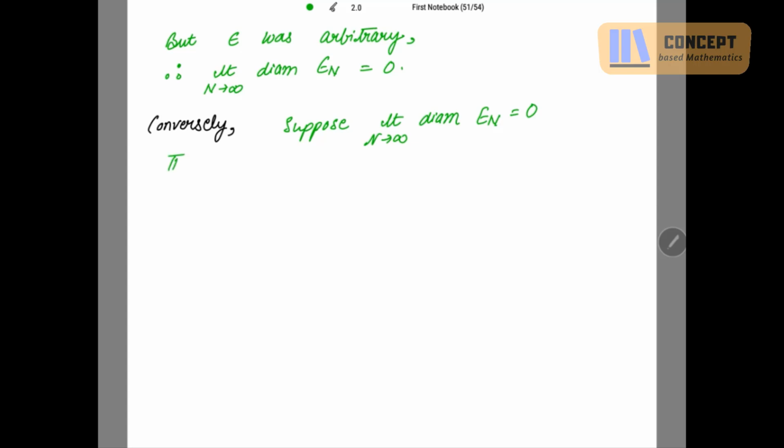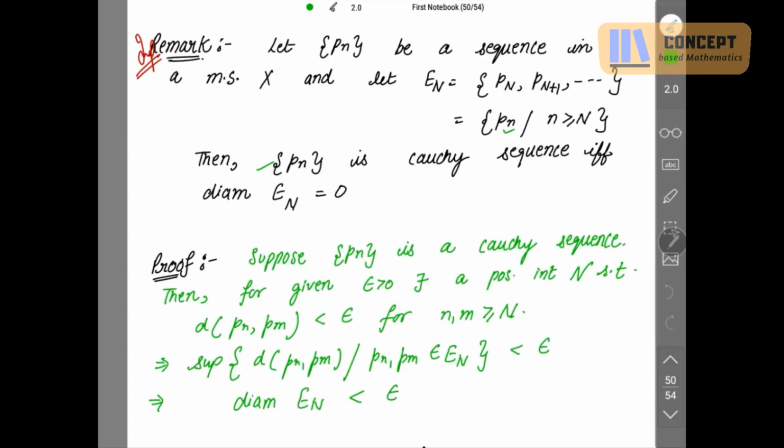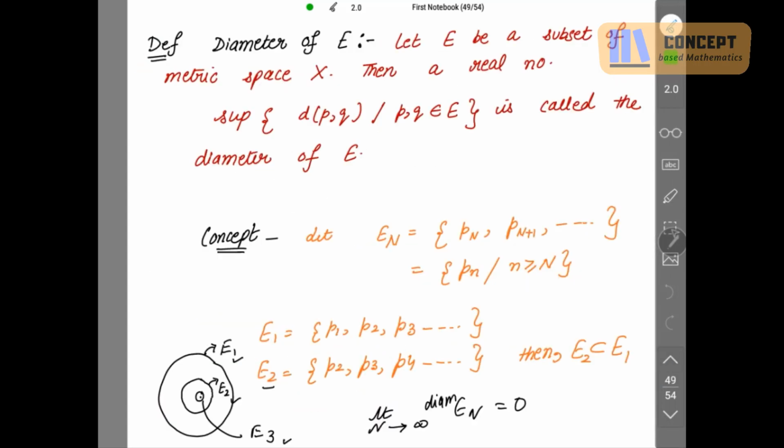So then for every epsilon positive, we have, now we are mentioning the diameter of En. What is the definition of the diameter of En? I have just told you. The diameter of En is the supremum of d(p,q) where p, q belong to E. This is your diameter.